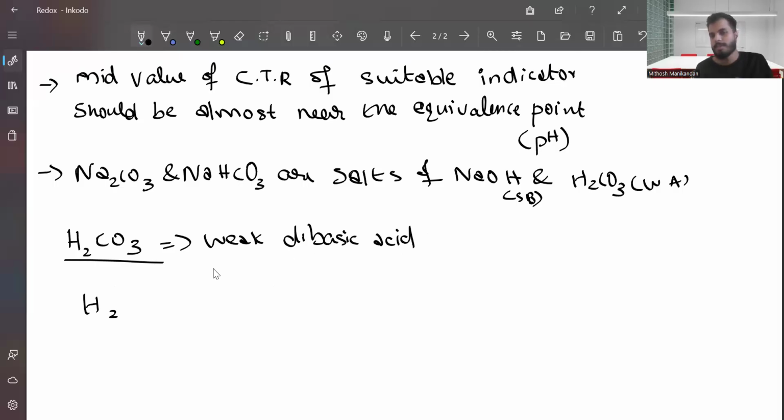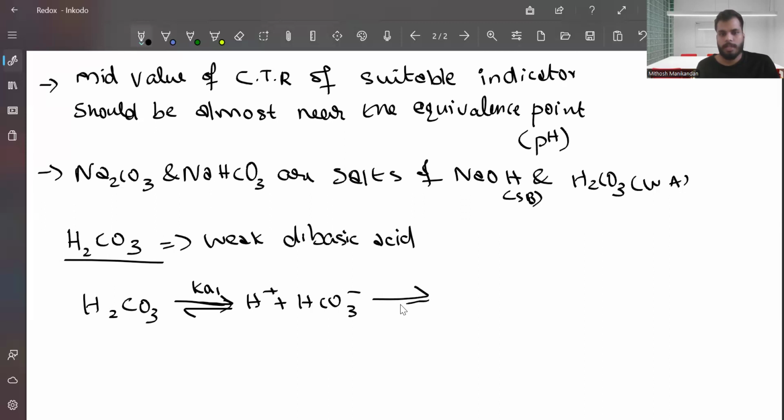You already know what is basicity, right? We learned in 10th class, both IGCSE and CBSE students. So H2CO3, what happens is it becomes H plus. Since it's a weak acid, we'll write an equilibrium: H plus plus HCO3 minus, and this will be Ka1, right?